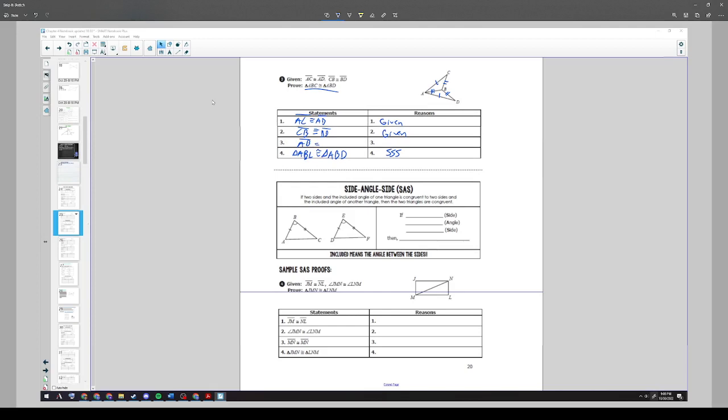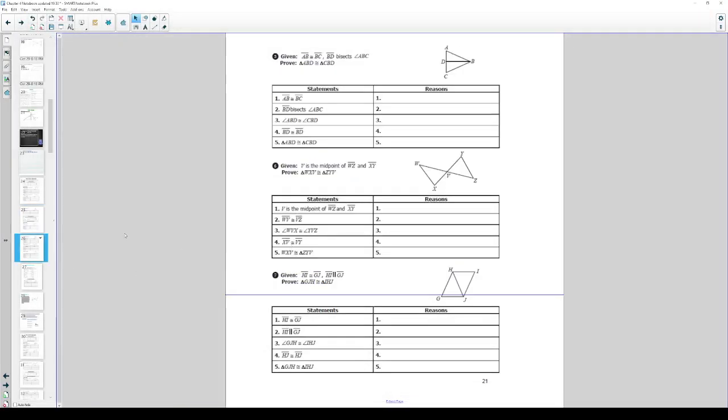So segment AB is congruent to segment AB by the reflexive property. Formally, in order to use proofs for this, we need our statements to include all three pairs of corresponding sides as congruent. So we need AC to AD, CB to BD, and AB to AB. Kind of dumb, I know. Okay, so that's side-side-side.